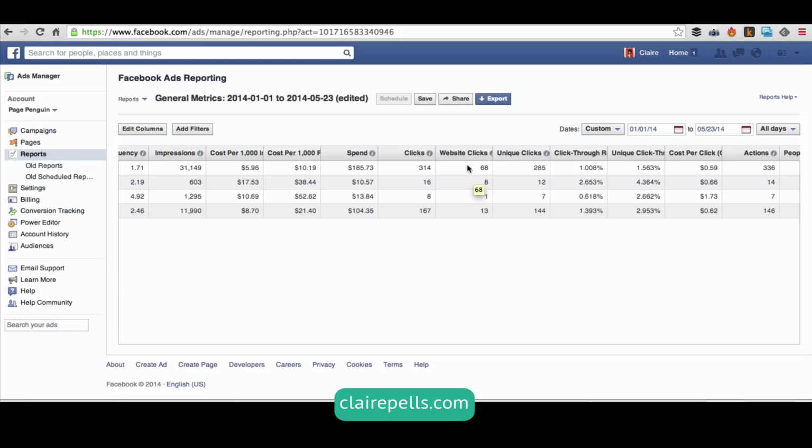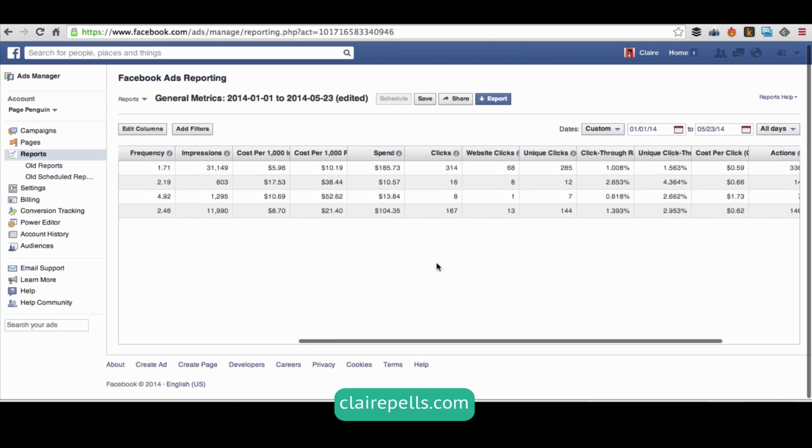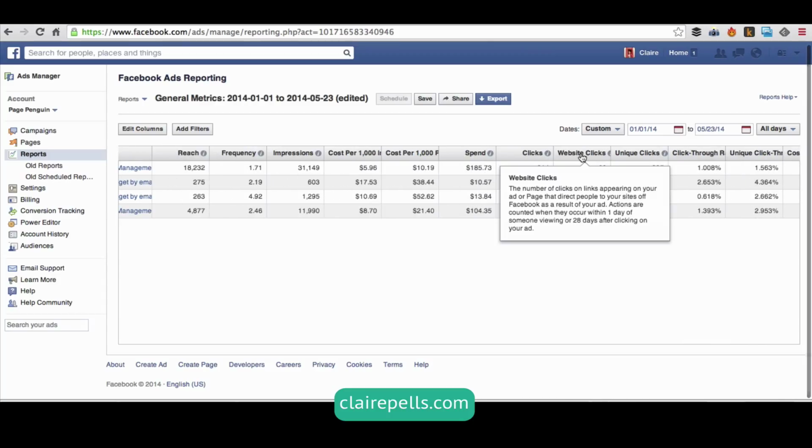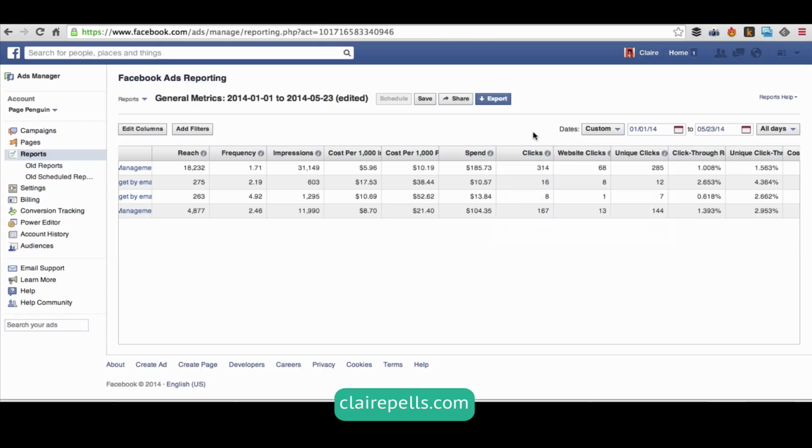So then we know that the problem, if she's having problems, is not in her landing page. If it's a lot of website clicks and not that many conversions, then you really want to look at your landing page and try to make some changes in order to increase your conversion rate. If you don't have a lot of website clicks, but you have a ton of clicks, Facebook's charging you for something. They might just be charging you for some of the likes or the clicks on the photo, because remember, each one of those clicks you get charged for.